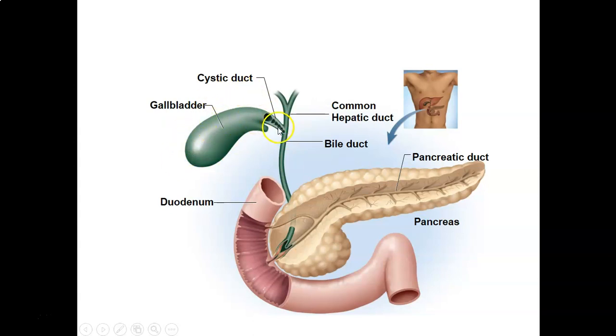When it's going to be released, it will be transported through the bile duct. The bile duct will combine with the pancreatic duct, which is where all the pancreatic secretions will be released. Together, both of these will be released at the same time, as food is being deposited into the duodenum.